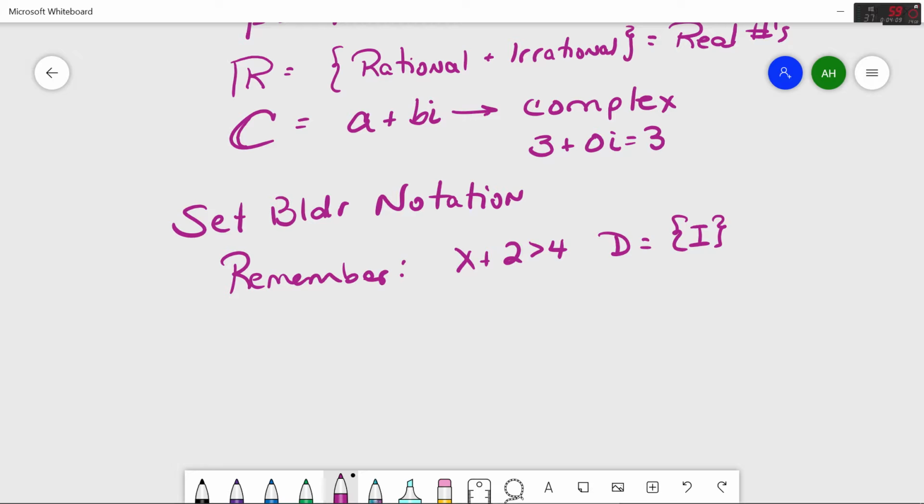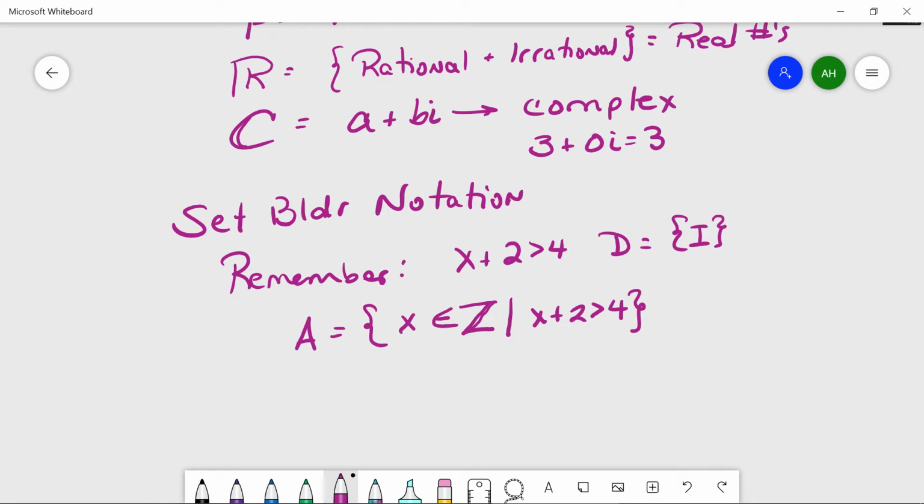Now we're going to write it this way. A is a set whose member x is an element of the integers such that x plus 2 is greater than 4.